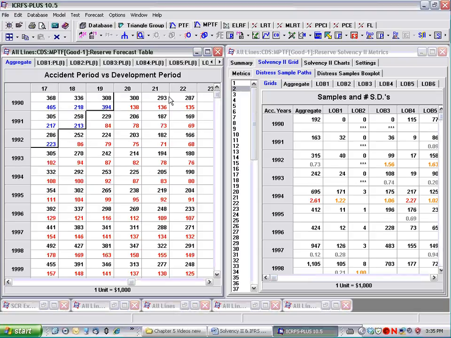What we observed in this particular cell, development year 20, we observed 192. Well, the fact there's no number below it, if it was above the mean, that observation is obviously less than the mean. It'll tell us how many standard deviations above the mean. In aggregate, we observed 163 in that cell and so on.